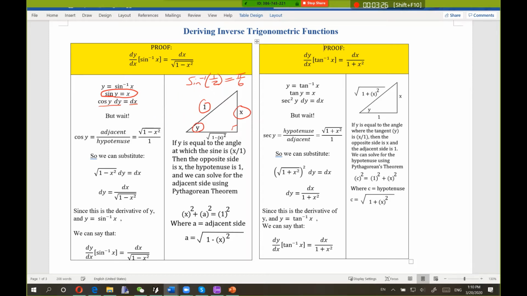Okay, so that'll allow me to substitute. Using Pythagorean's theorem, this side we don't know. c squared plus x squared should equal 1 squared, or c squared equals 1 minus x squared. Therefore, c is the square root of 1 minus x squared, which gives me my adjacent side.